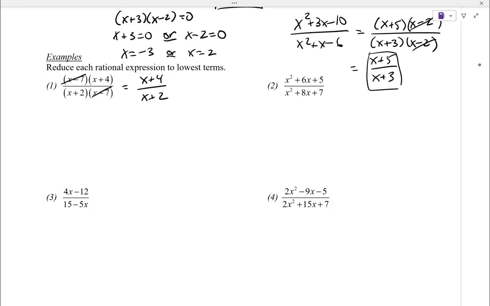It's going to be the same premise. Factor everything in sight, see what cancels out. Okay. So let's factor the top and factor the bottom. How does the top factor in this case? X plus 1 and x plus 5. Again, remember when it's a leading coefficient of 1, I know it has to start with x and x. How does the bottom factor?